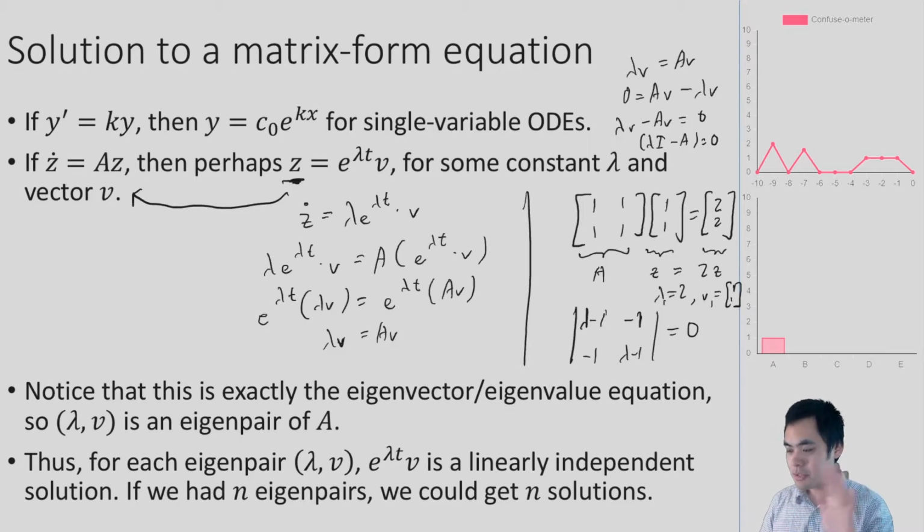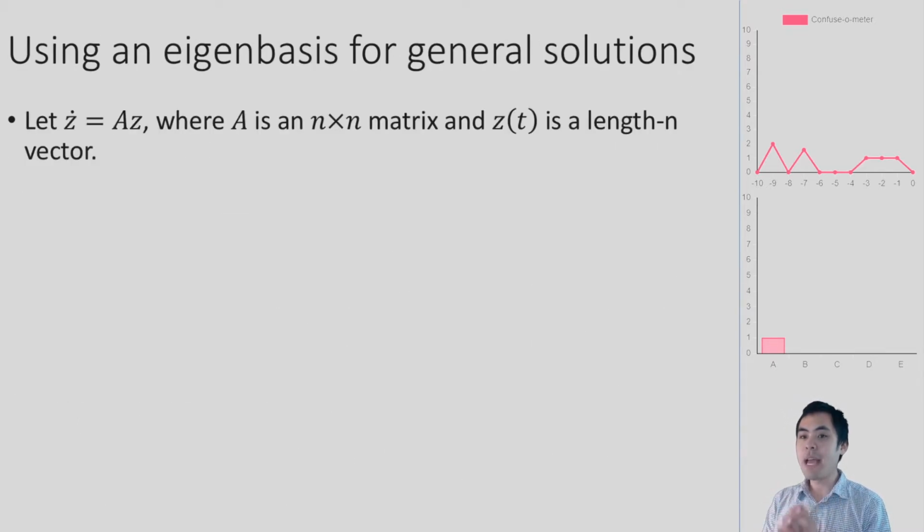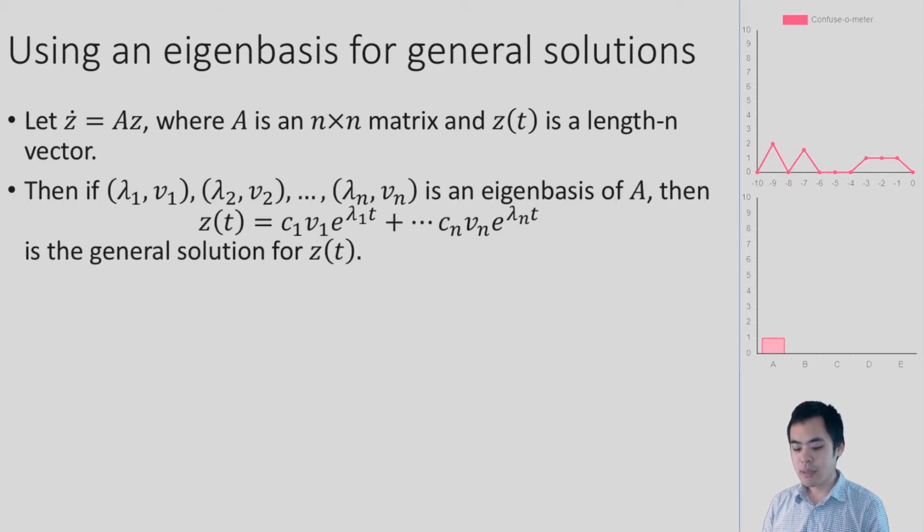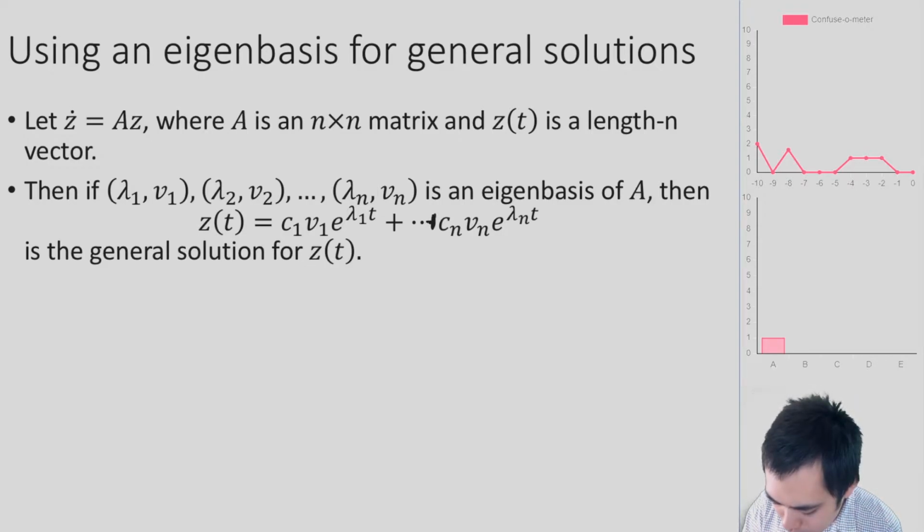So let's state this again. If we have z dot is equal to Az, where A is an n by n matrix and z of t is a length n vector, then if lambda 1 v1, lambda 2 v2, all the way through lambda n vn is an eigenbasis, remember, an eigenbasis means that any vector in your space can be written as a linear combination of your eigenvectors, then the general solution is z equal to c1 v1 e to the lambda 1 t plus dot dot dot plus cn vn e to the lambda n t.